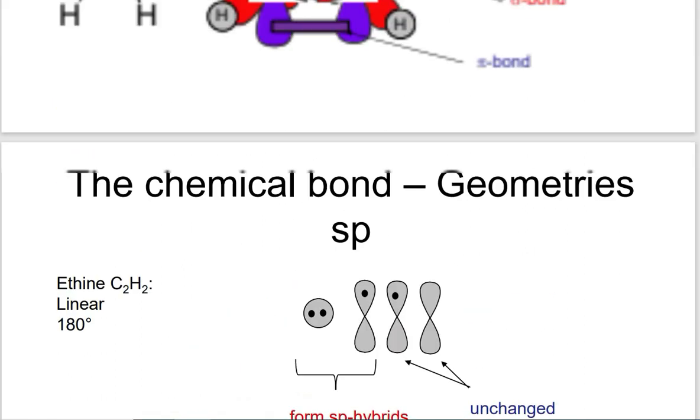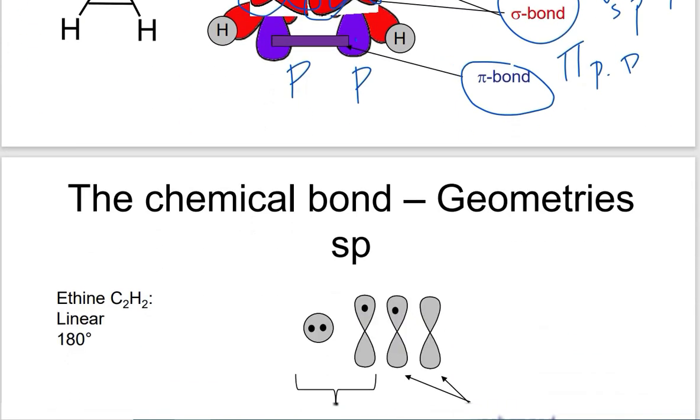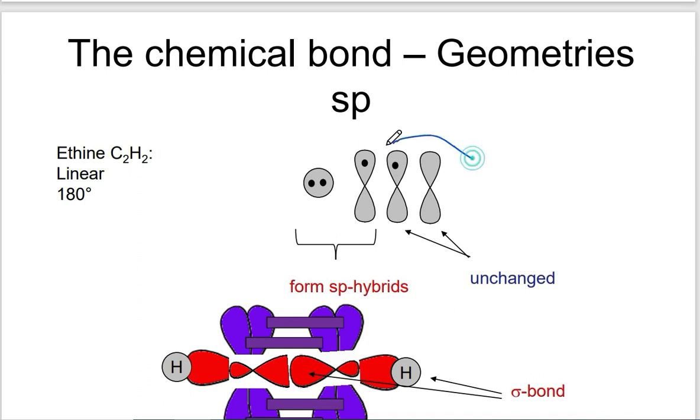Instead of having one p orbital that is unchanged, now we have two orbitals that are unchanged. So originally, in each of the carbon, we had two electrons in the s sphere and one occupying each of the p orbital. This is, for example, px, this is py, and this is pz. Pz was empty. So pz and py are still pz and py, did not contribute to the hybridization.